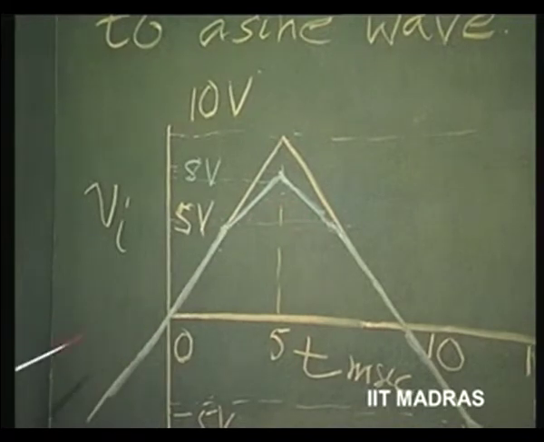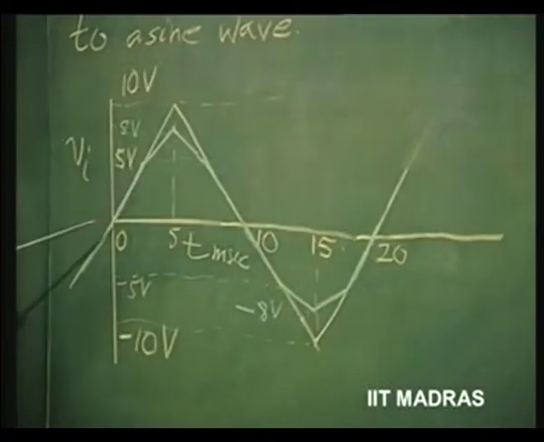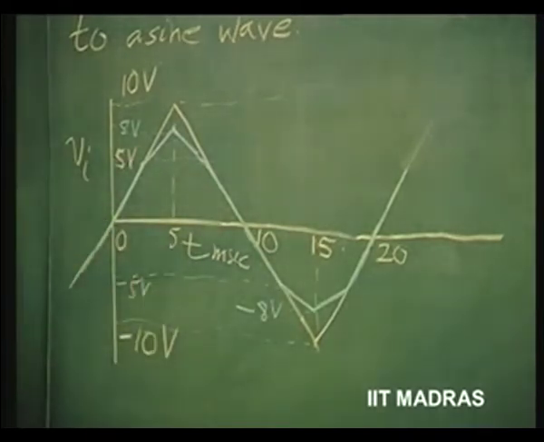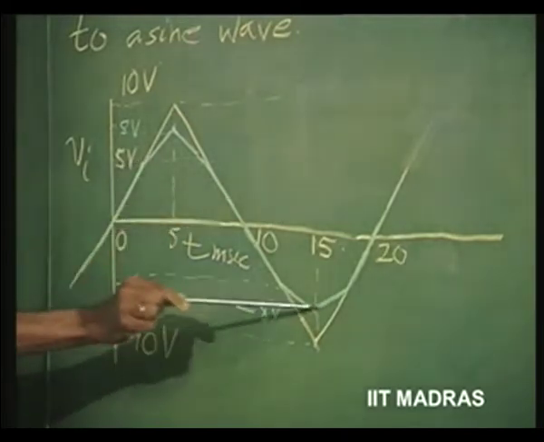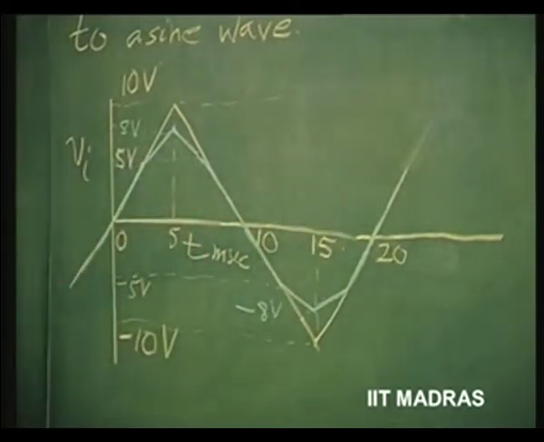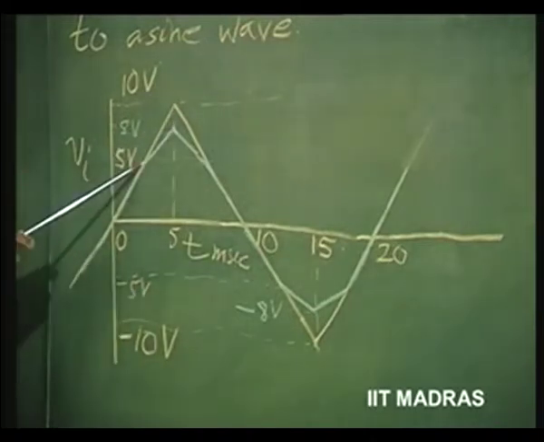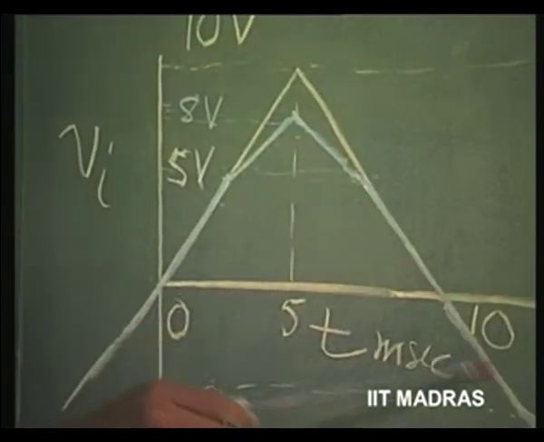In place of this kind of approximation, we can bring in more number of segments so that it can approximate the sine wave better. But for the time being, for simplicity, we will see how this portion of the output waveform can be got by using a diode function generator. So, our problem is to synthesize a diode function generator, given that I had to convert this triangle into some kind of piecewise linear approximation to a sine wave.